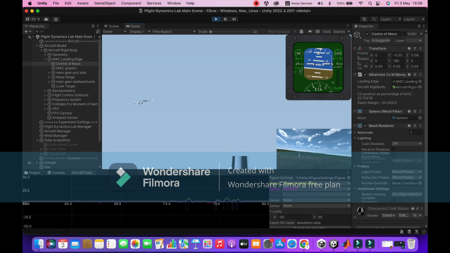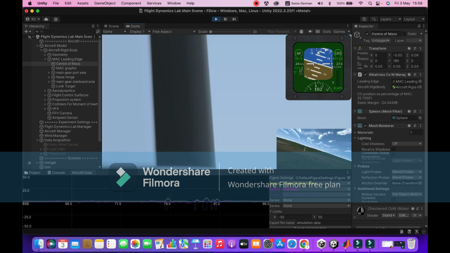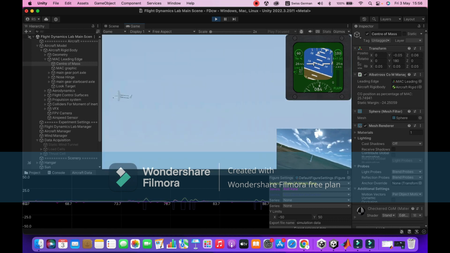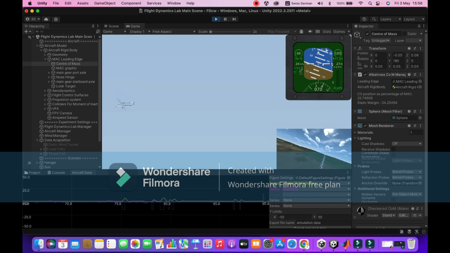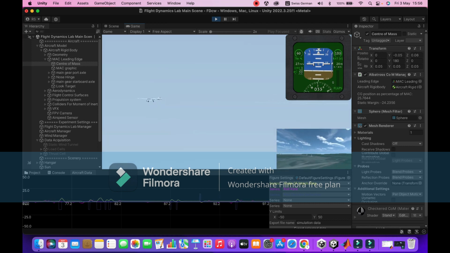So as you turn to the left, we're heading towards the next line. Here we are pretty much straight line. So steady flight.